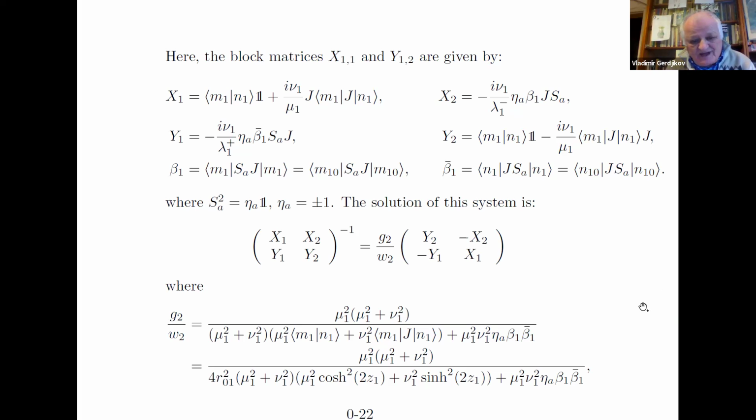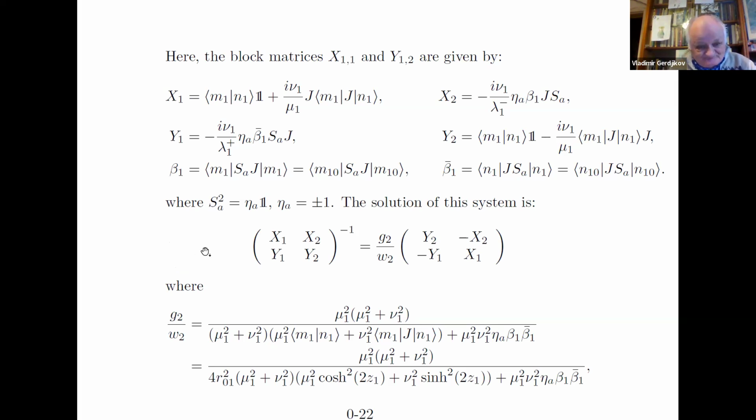And finally, there are some technical calculations here. I do not have time for that. But actually, if you pick up the paper in Symmetry, you will find them and you will see it's not so difficult.